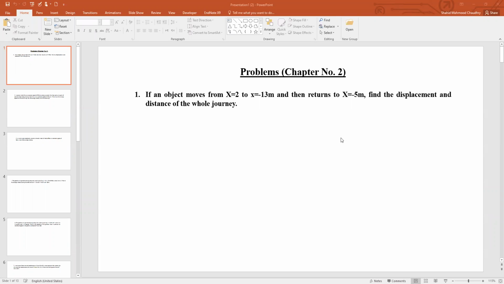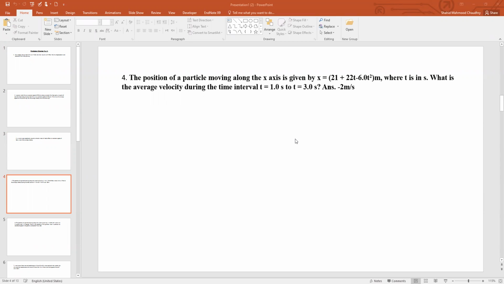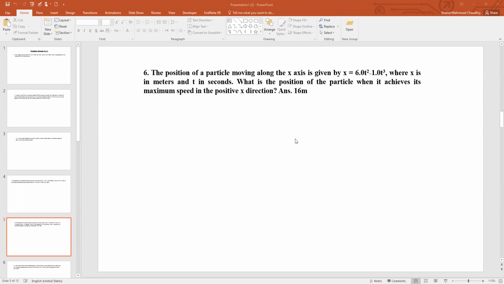Okay, so today our target is to solve the problems. Last time we solved some problems like this one and this one and this one. You remember this one, okay? And this problem, I think we have solved.